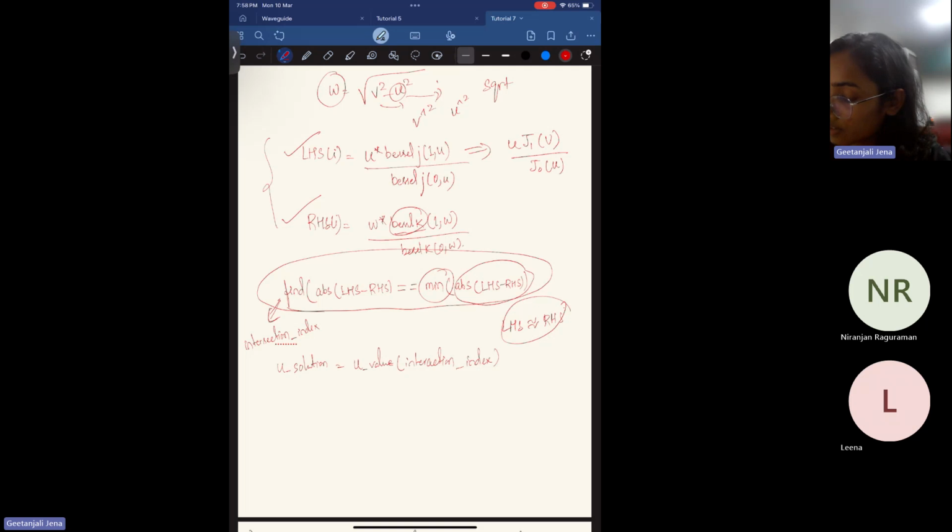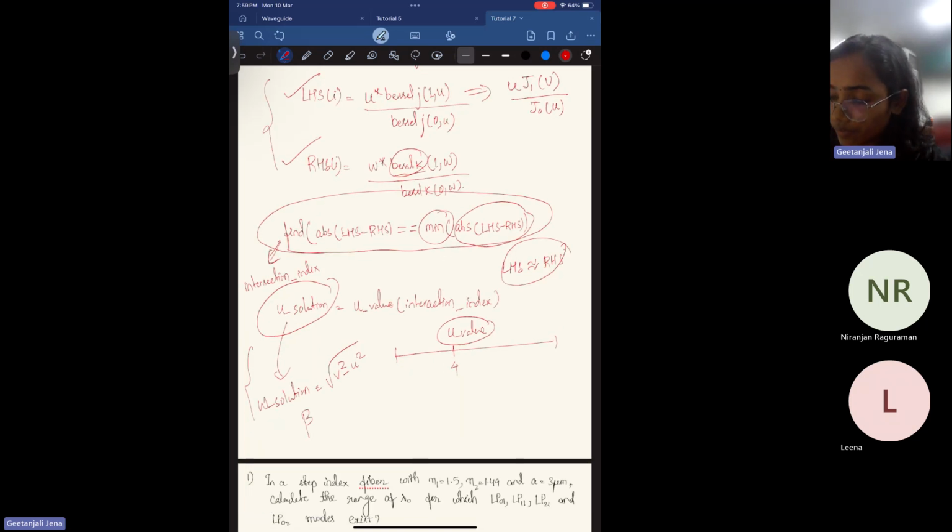This will calculate the U value there, the point where LHS is approximately equal to RHS. So now you know the U solution. From that, you can find the W solution by using the square root of V square minus U square. And from that, you can find the beta value also.